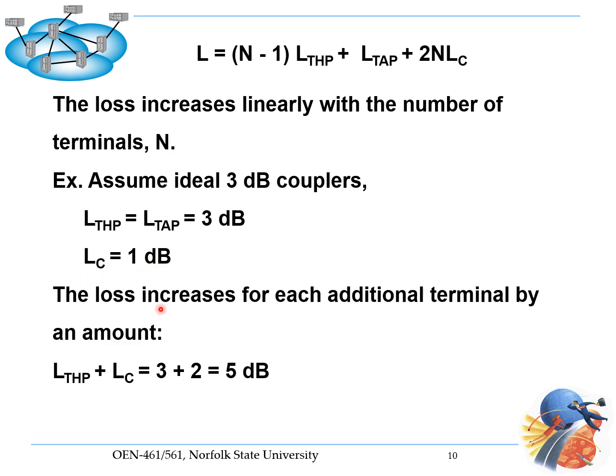The loss increases for each additional terminal by the amount that another connector and another throughput loss will be added, so it will be 3 plus 2, an additional 5 dB. So every extra terminal added in the middle will add an extra 5 dB loss. And therefore overall loss scales linearly with the number of stations.